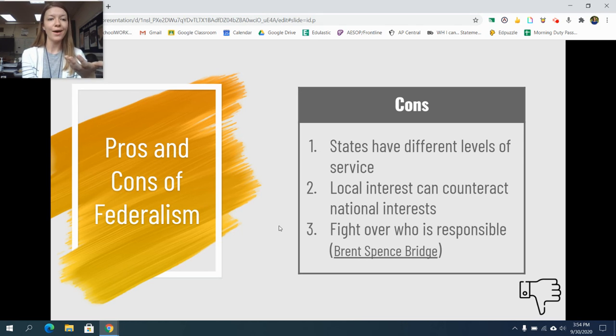The bridge connects Ohio to another state, but which state is responsible for funding that project? Technically, Kentucky owns the Ohio River, if you didn't know, but Ohio doesn't want to pay for the Brent Spence Bridge, and neither does Kentucky. So the argument becomes who's responsible for actually getting that fixed.